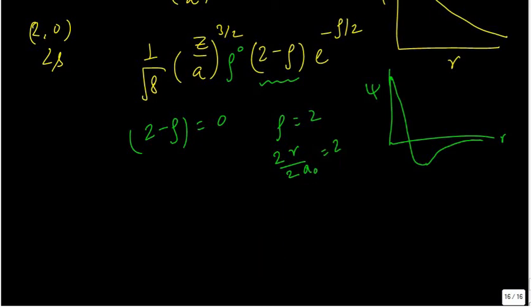Correct, or did I make any mistake? So r is equal to 2 times a naught. Now, whoever was asking the significance of rho would definitely be getting it. It's being normalized by this a naught times the principal quantum number.